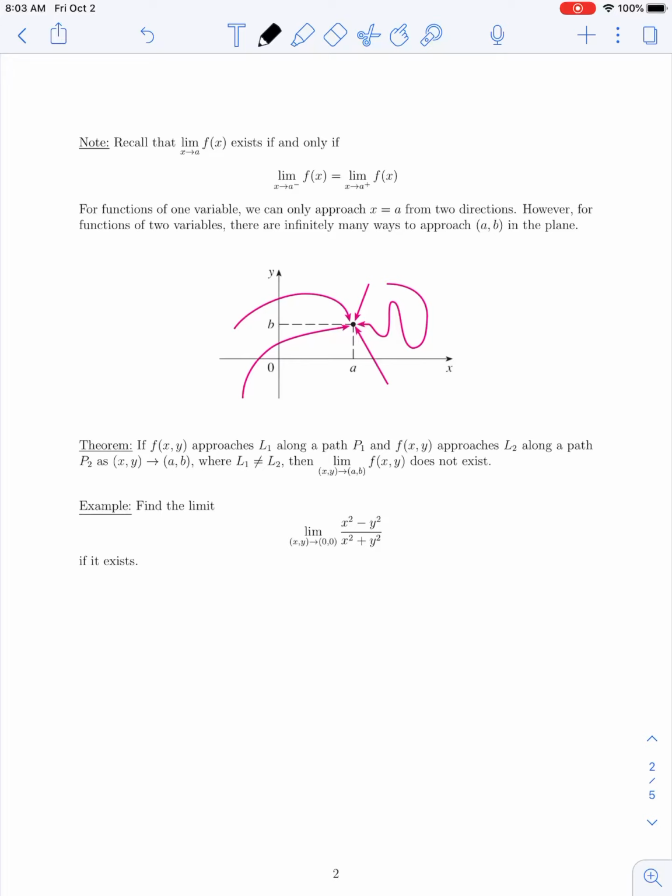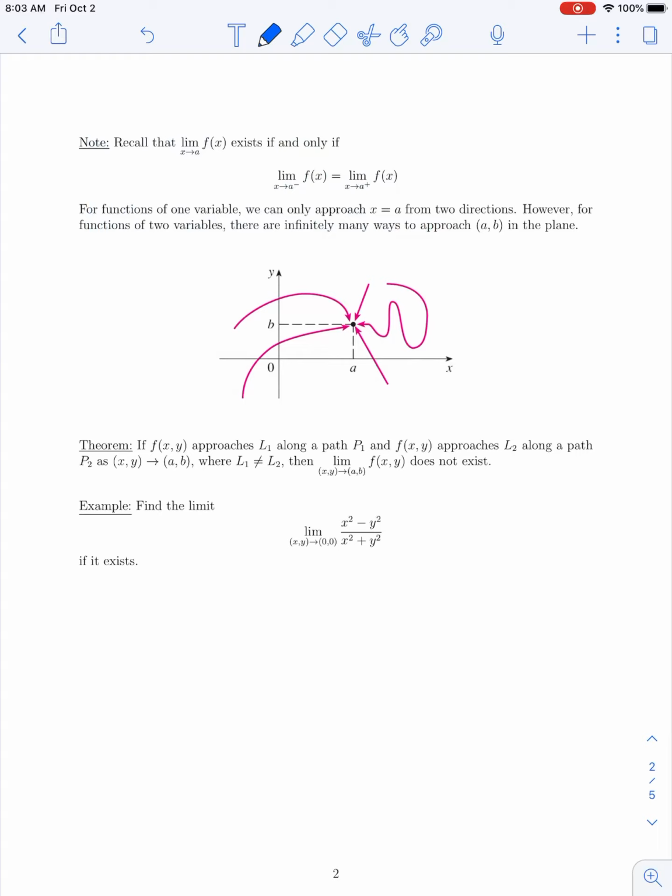Now, the next thing we're going to talk about for these limits of multivariable functions is the case that a limit may not exist as we're approaching a point. And how could we determine that a limit of a function of two variables does not exist? Let us recall a result that we had from Calculus 1.